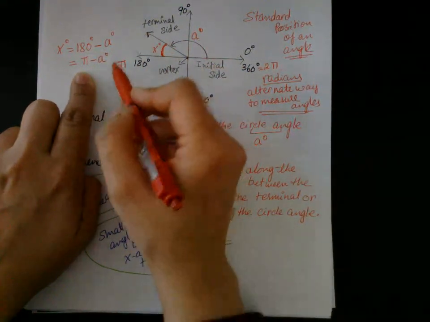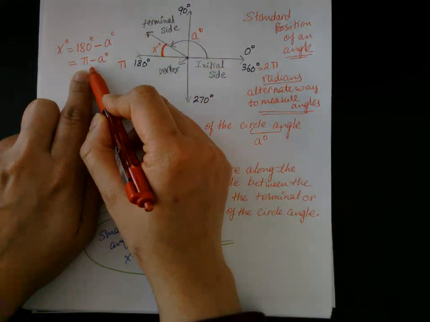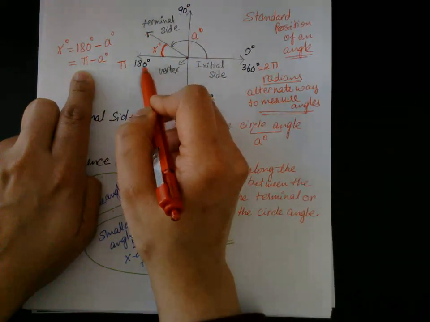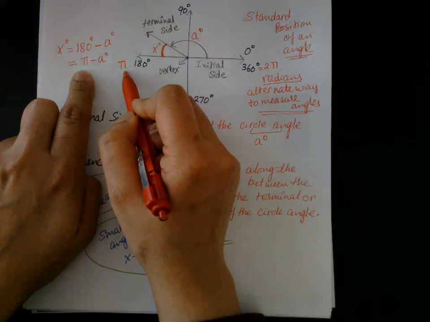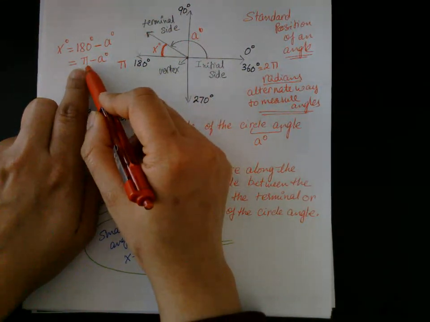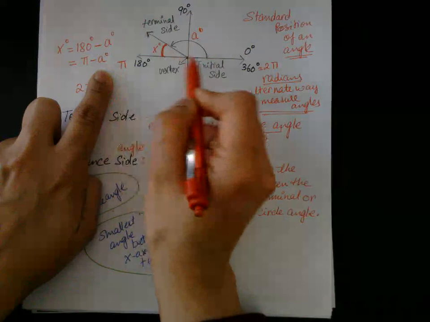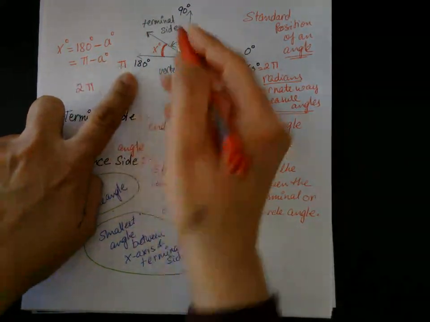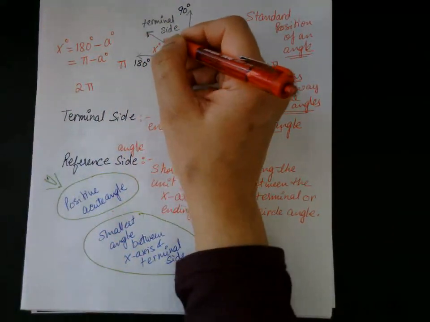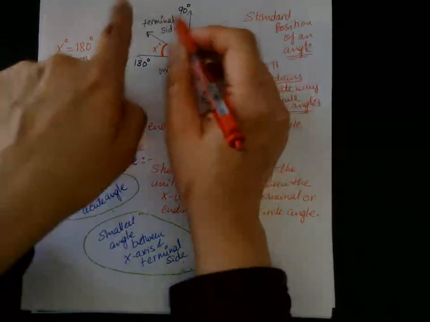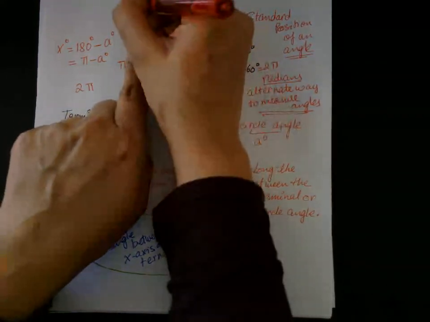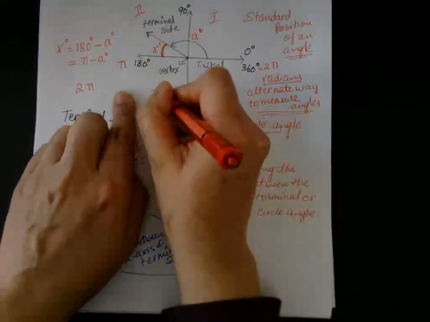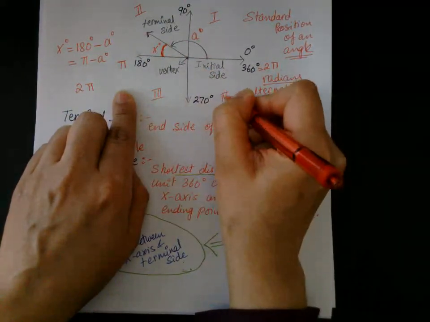Or in the form of radians, pi, because pi is nothing but 180 degrees, minus a degrees. The circle angle will give you this reference angle. In this case, the reference angle is in the second quadrant. This is the first quadrant, second quadrant, third, and fourth.